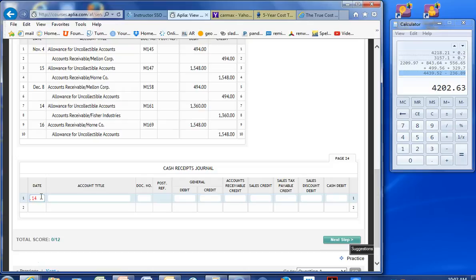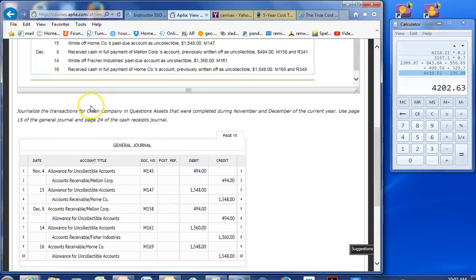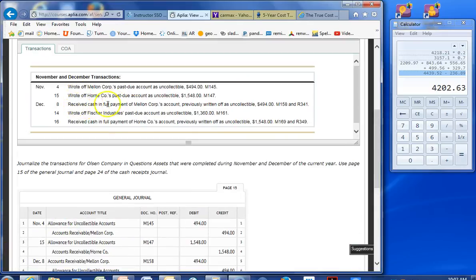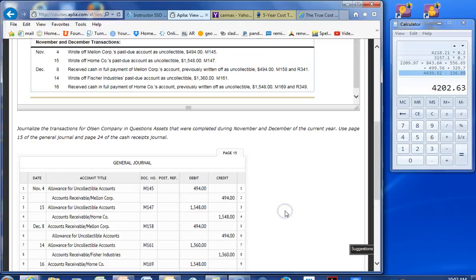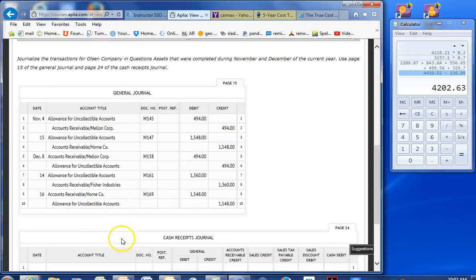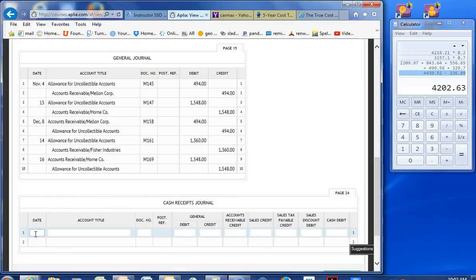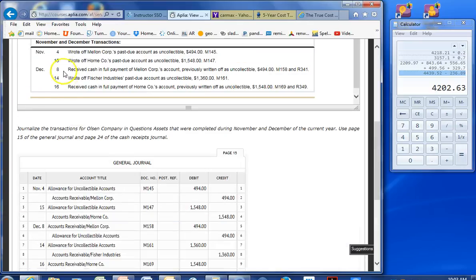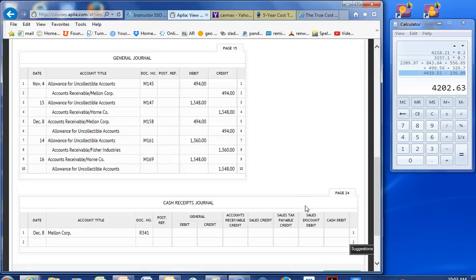Here we have to take into account received cash in full and received cash in full. So we have to write those in. So that first one was on December 8th from Mellon Corp. And that was receipt number 341. You look up here, Mellon Corp, receipt 341, $494.